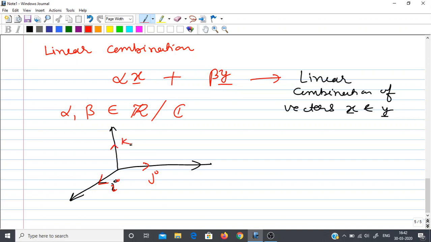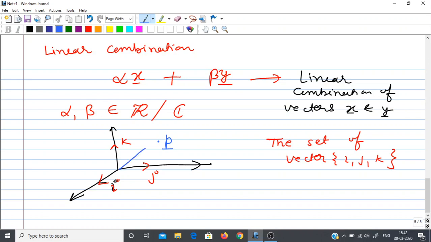So these are three vectors. Now the set of vectors i, j, k spans this three-dimensional space. It means if you take any point in this three-dimensional space, let's say the point is P.